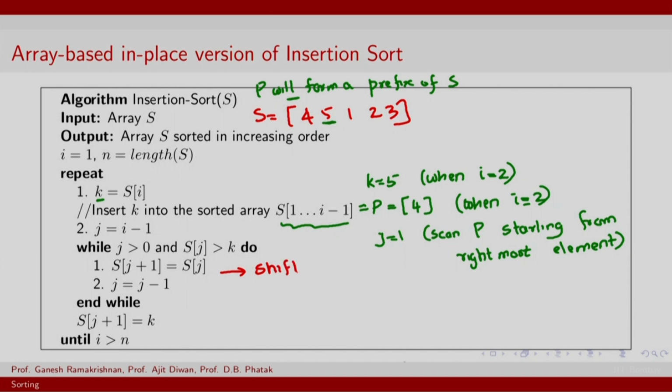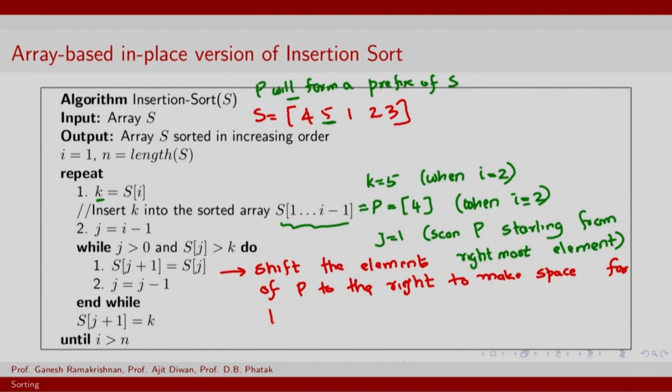This is saying shift the elements of P to the right to make space for K until you find that Sj is already less than or equal to K.